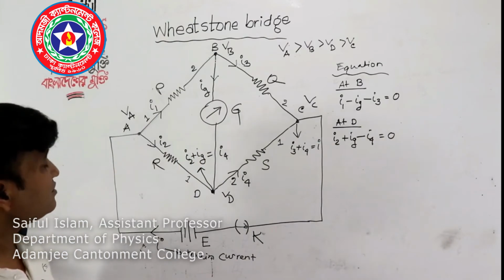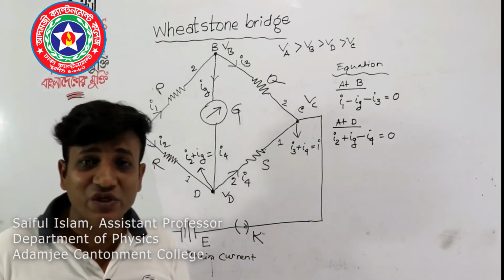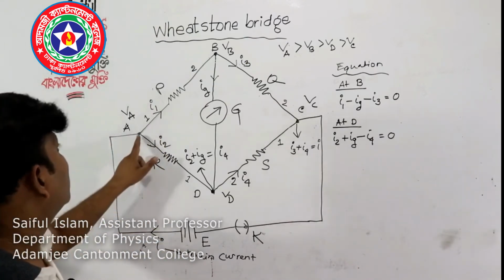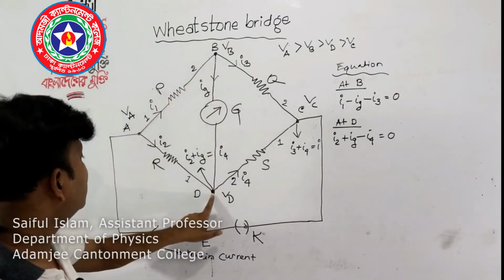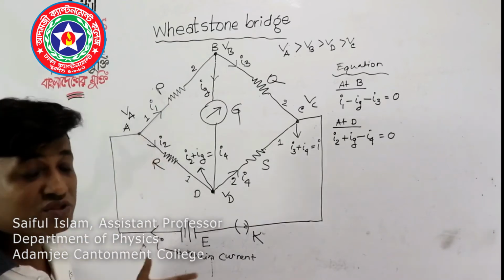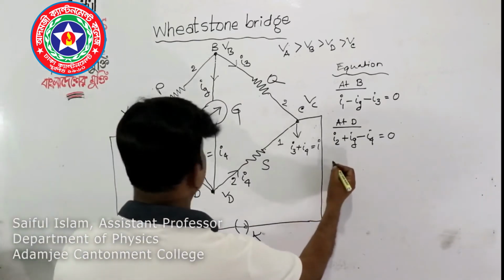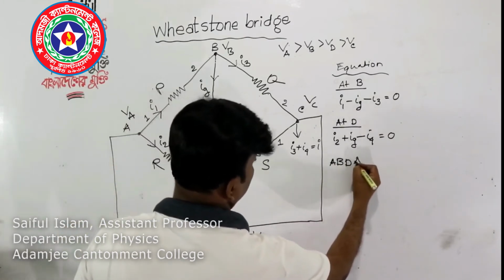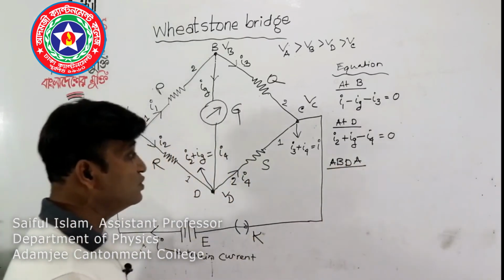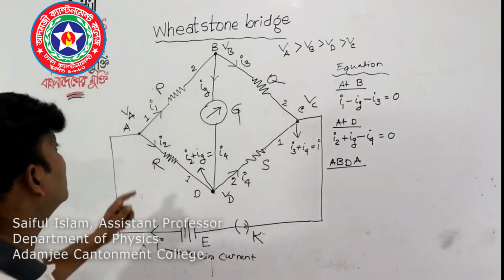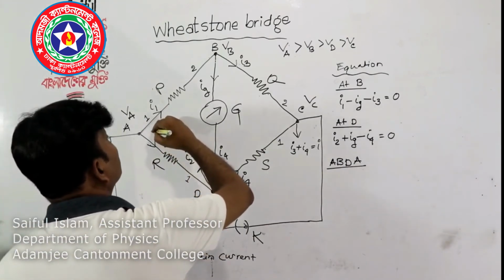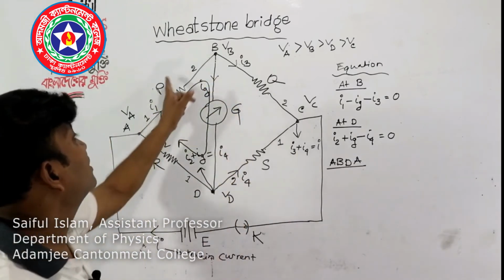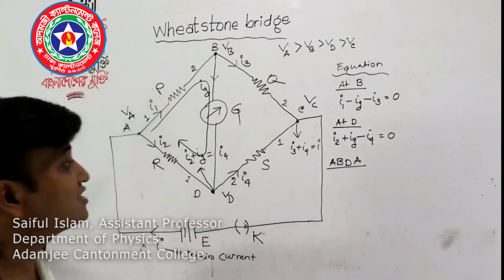Next, we can use the voltage law or the loop law in the A, B, D, A closed circuit. Here we consider the flow of current to be clockwise.